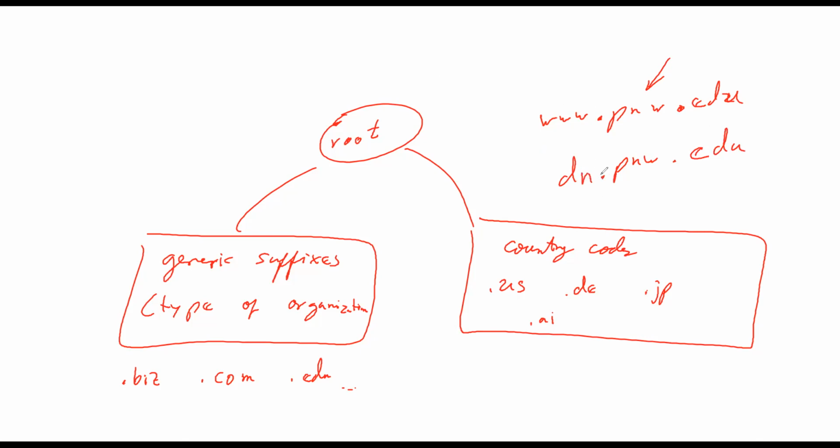If anyone is seeing it, let me know. Mail could be .edu again, start there, PNW, and then mail. So this is how the domain works, and as I said, the way it's written is to be read in that direction.